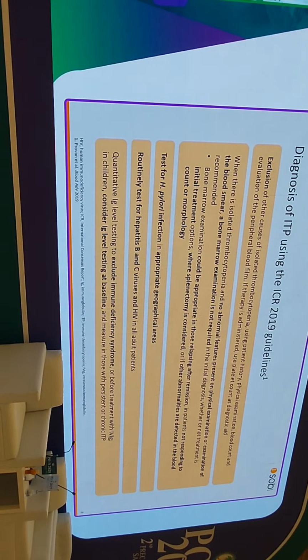Lately, we had a patient who had ITP, then hemolytic anemia, he was treated as pediatric, and then he came with thrombosis, so we tested antiphospholipid. And then he was diagnosed as common variable immunodeficiency.